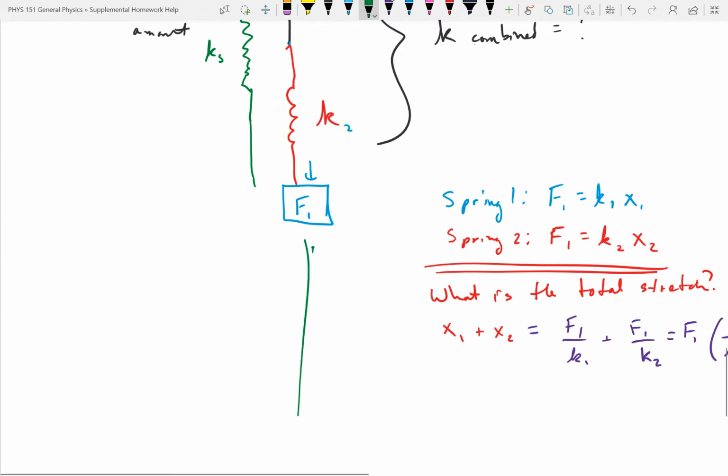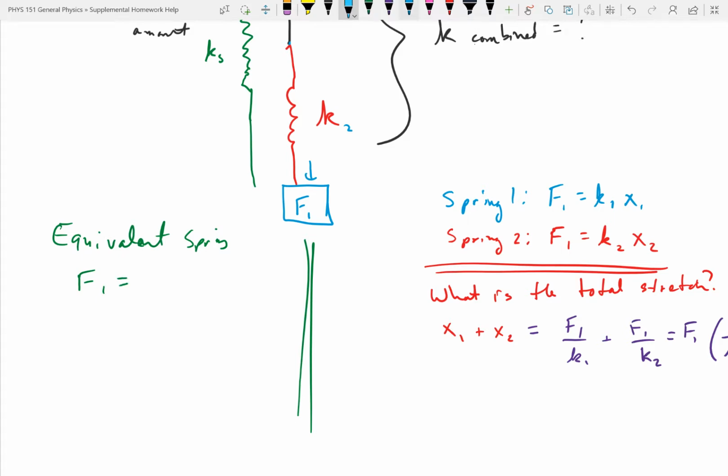Now we look at the other one, the equivalent one. Equivalent spring. We're going to have F1. So we're going to put the same force here. You'll have F1 is equal to K series times X total.